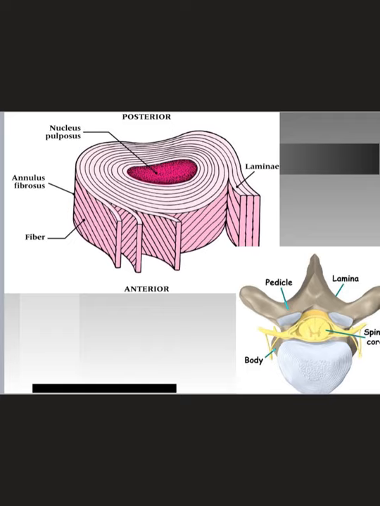So there's not a lot of give, which is good, because what we don't want to have happen is for this nucleus pulposus, which is the center portion of the disc, which is the portion that gets compressed under pressure, which is the portion that will, like a water bed, displace, so forces can be distributed throughout the rest of the spine.